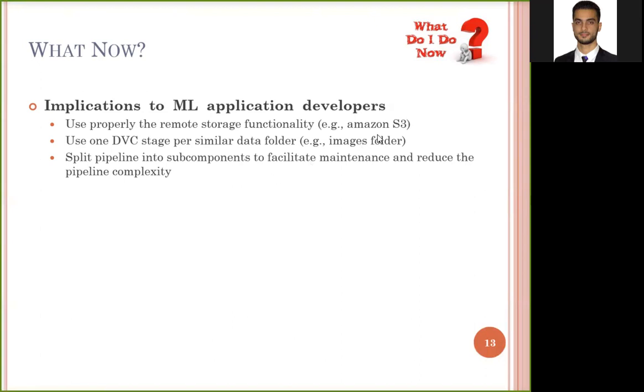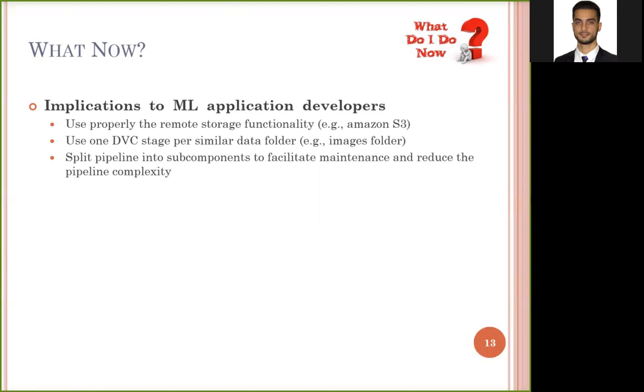Instead of that, you can use Amazon storage, for example, and use one DVC stage per similar data folder. For example, it's not proper to make a DVC stage for each data file, like the images. You put them all in one folder and use DVC to point to this dataset.